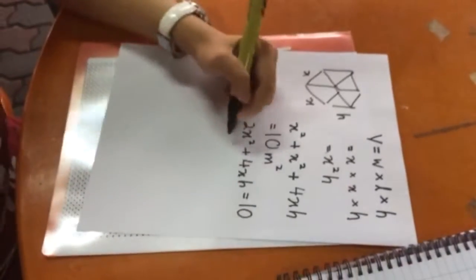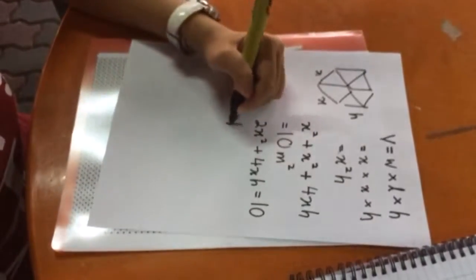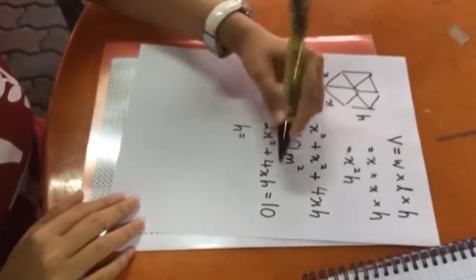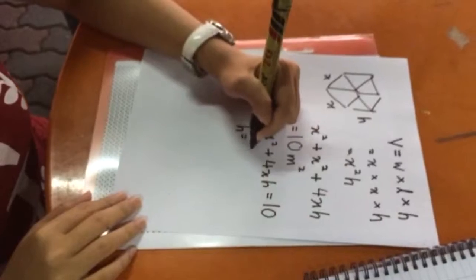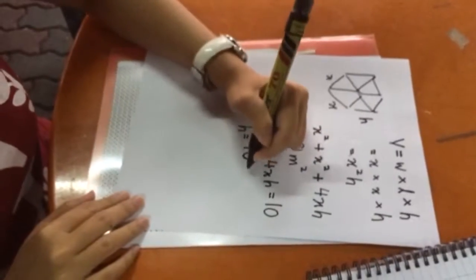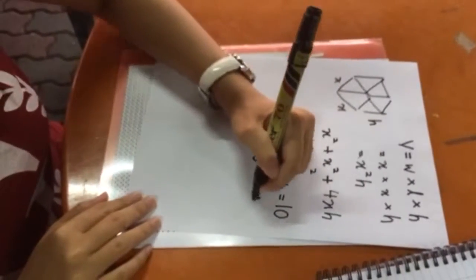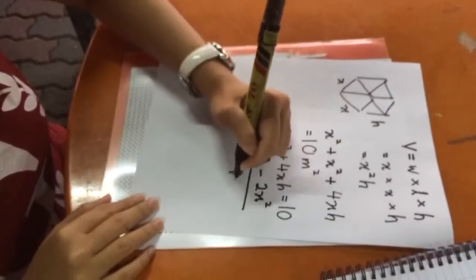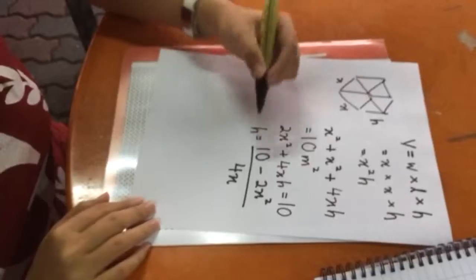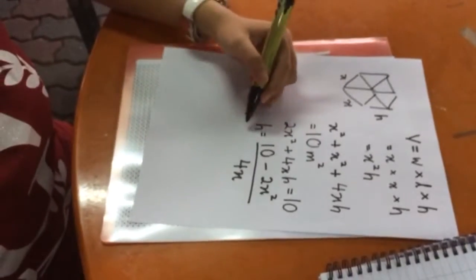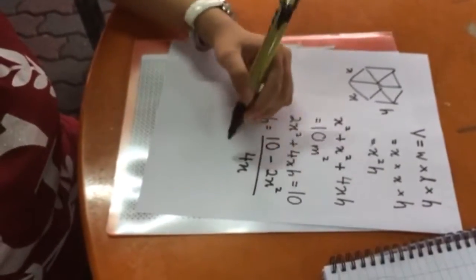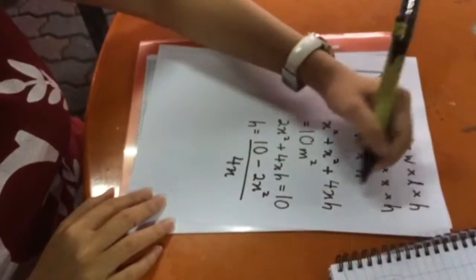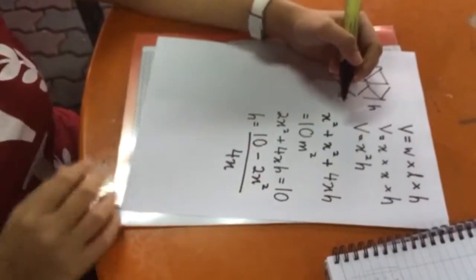From this formula we can find that h is equal to, shifting 2x squared to the right side, 10 minus 2x squared, divided by 4x. This is the value for h, and then we substitute this h value into the volume formula, because we need to find the maximum volume.